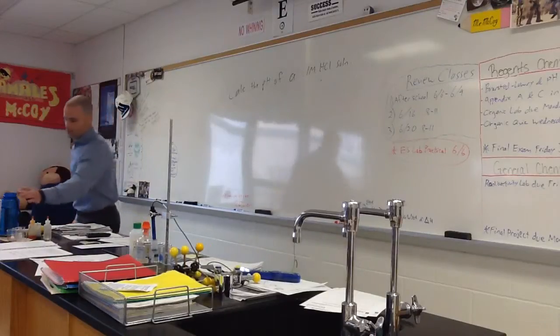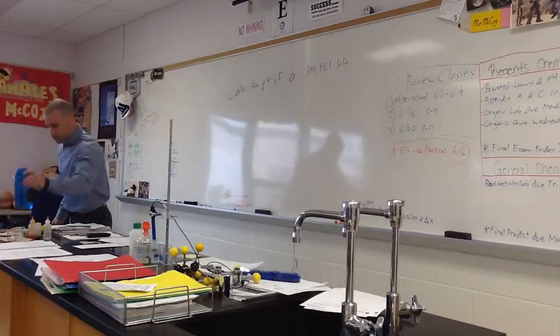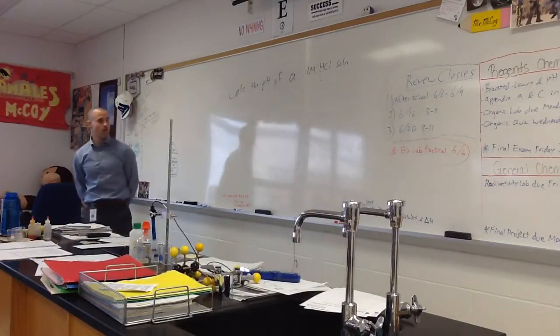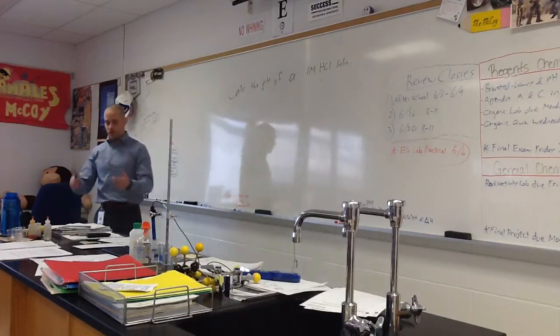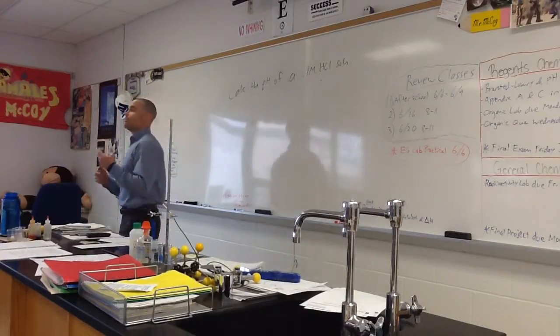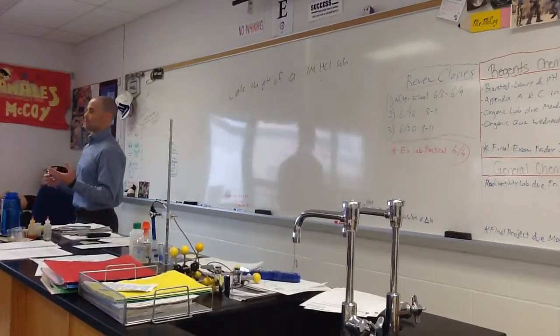This is a little tricky. Calculate the pH of a 0.1 molar HCl solution. So I just told you need the H plus or H3O plus concentration. I didn't give you either one. Or did I? So I'm going to explain.